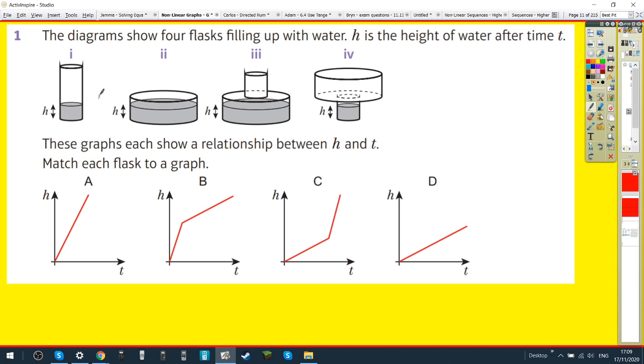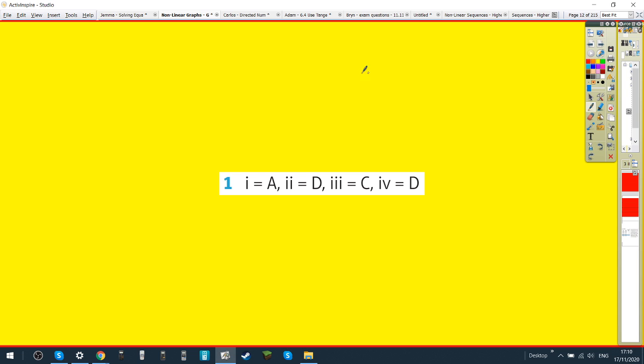Okay. E is 2. D is 2. Okay. 3 is C. And 4 is B. And so this one is C. This one is B. ADCB. Hey, didn't make the same mistake I did. That's weird.